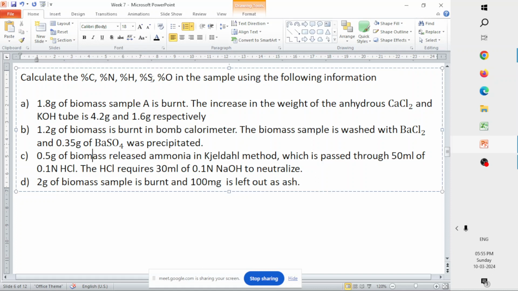So here, since the part A says it's anhydrous CaCl2 as well as the KOH tube, there is an increase in the weight. So this is specifically relating to the percentage of carbon and hydrogen present in your sample.